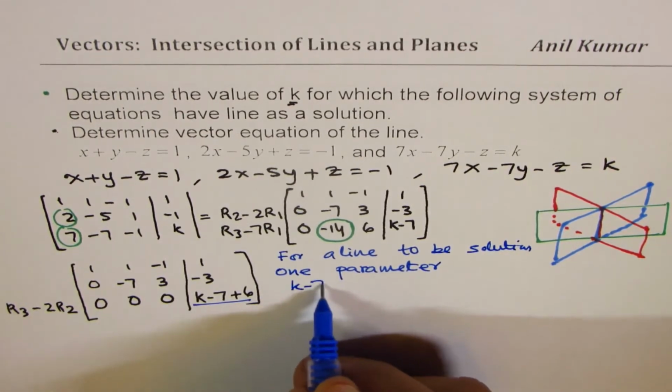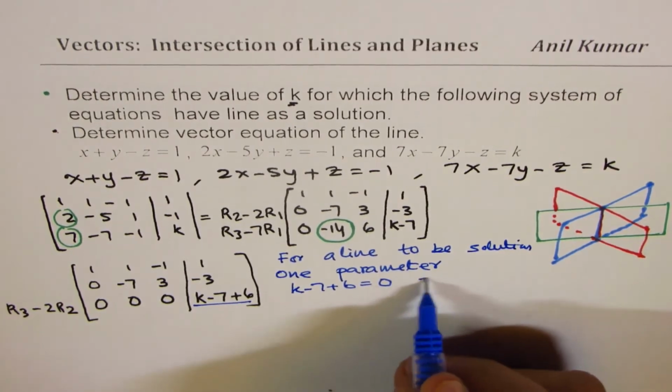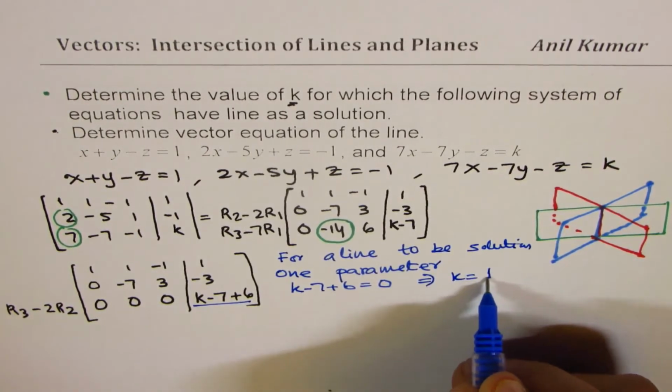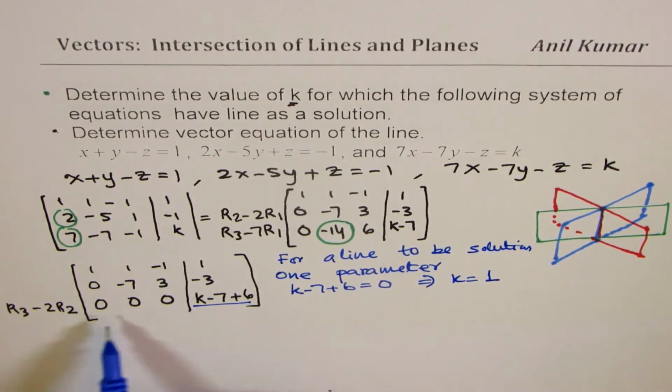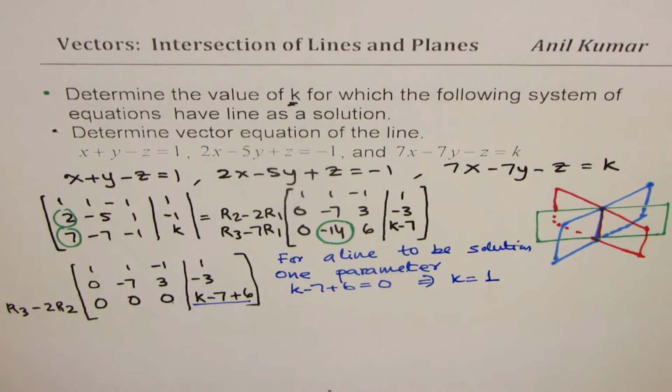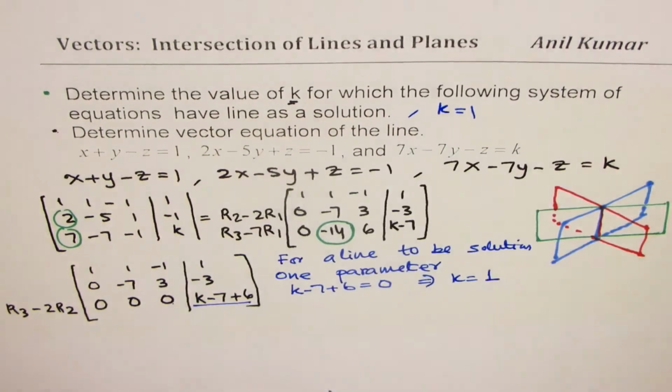This number k minus 7 plus 6 should be equal to 0, so that gives you k equals 1. For k equals 1 only, we'll get 0 equals 0, and that will be the solution. So the first part is to find the value of k, and we get k equals 1.